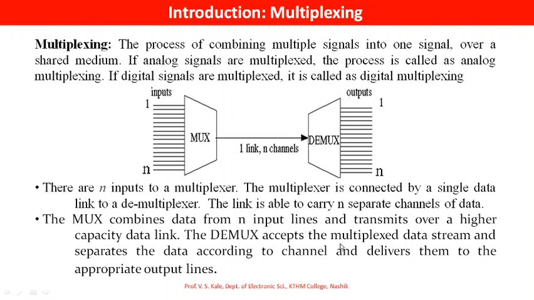The demux accepts the multiplexed data stream, separates the data according to the channel and delivers them to the appropriate output lines. So this is about the mux and demux, which is used in TDM and FDM.